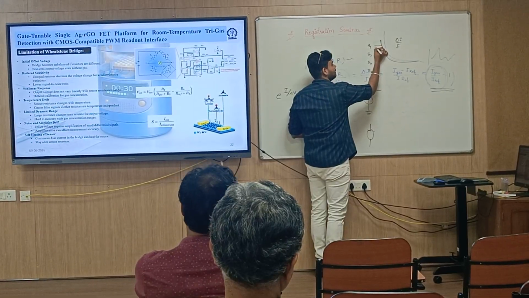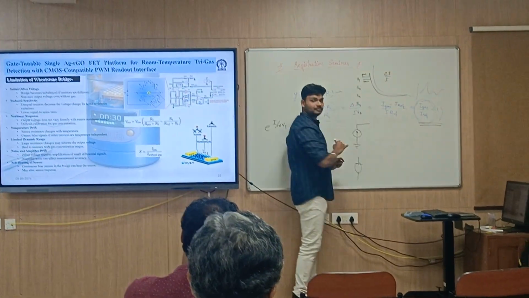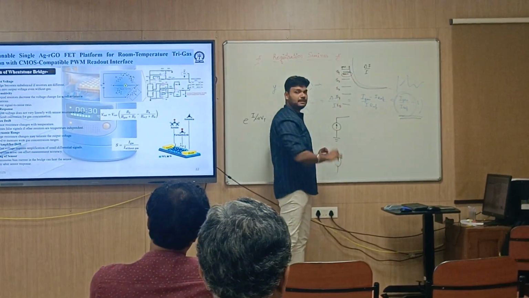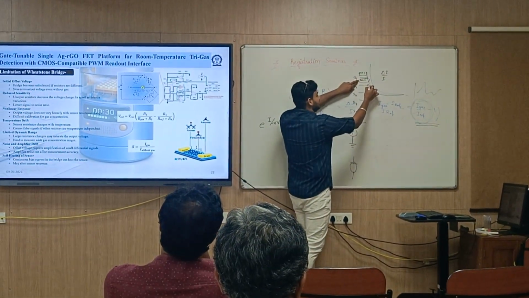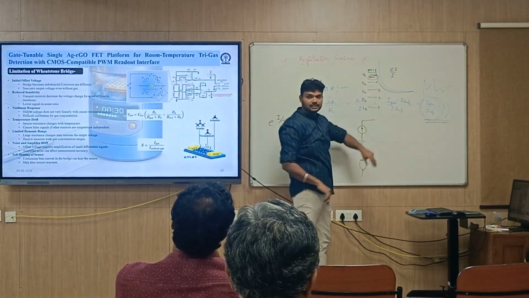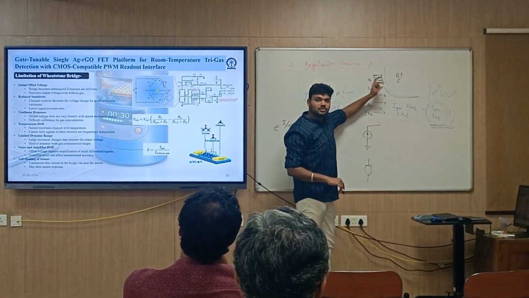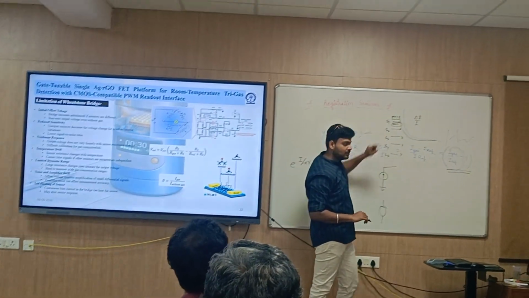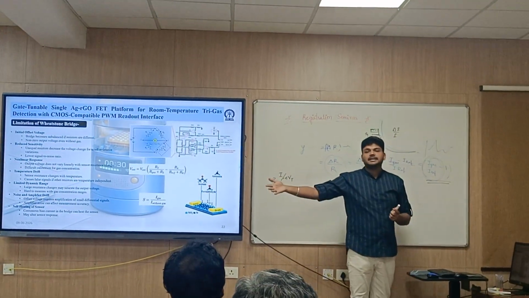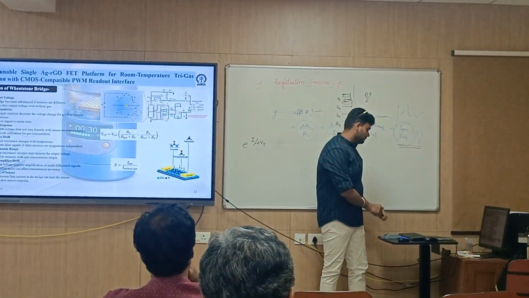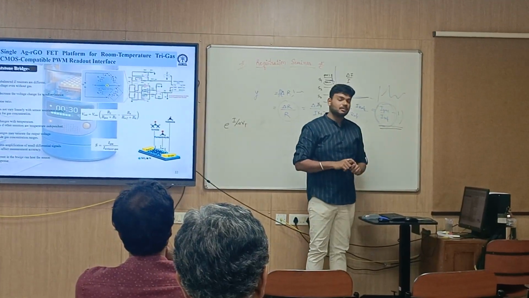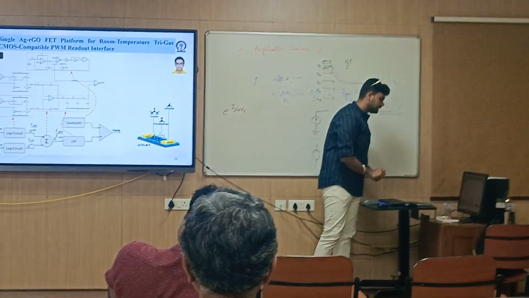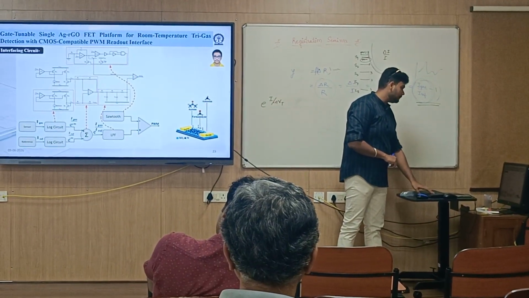One base, one gas. We can choose one base and try with gas 1, gas 2, gas 3, sensor 1, sensor 2, sensor 3, or interchange. So I have checked: they are not identical sensors, which is covered in my second enhancement-type sensors presentation, where I elaborate the things more specifically.